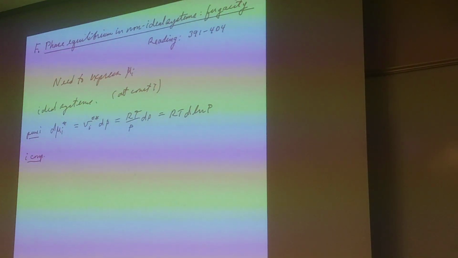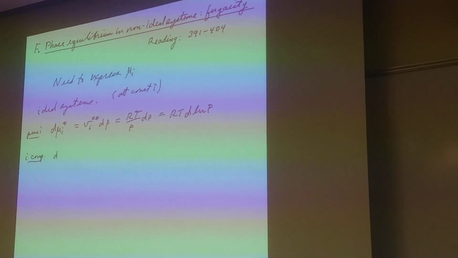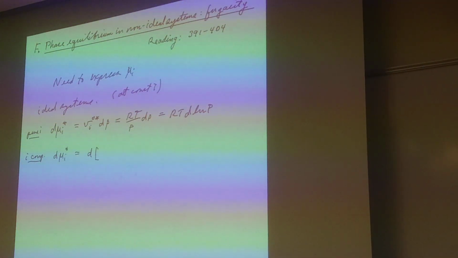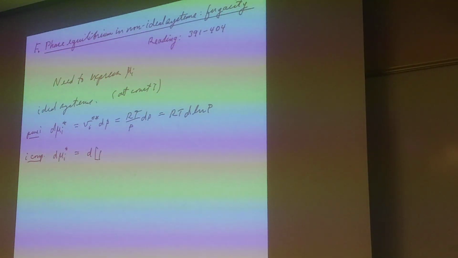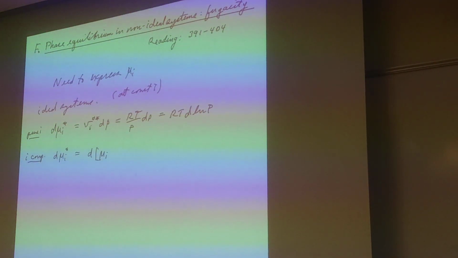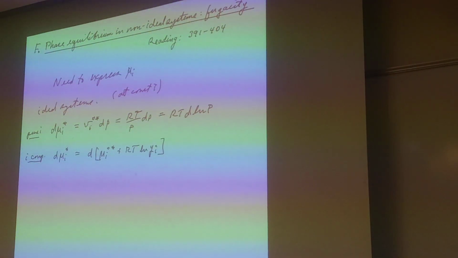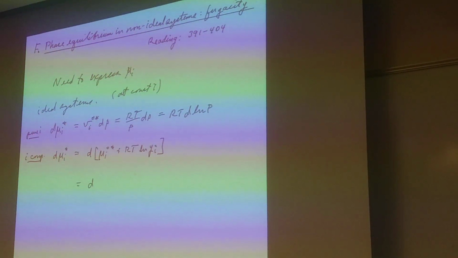And for i component in a mixture, a convenient way to do this is to just write the expression I've got for the integrated chemical potential. Let's write that all out.